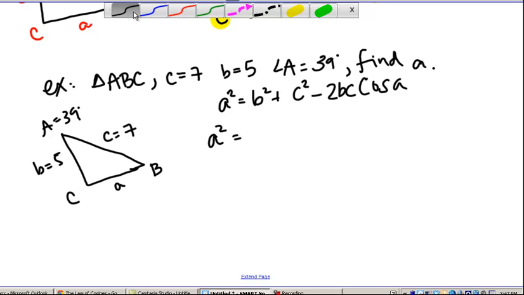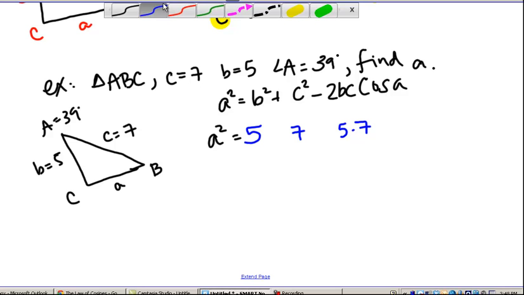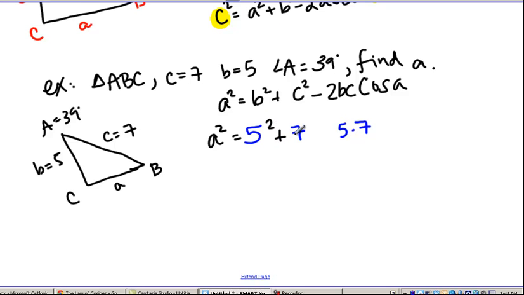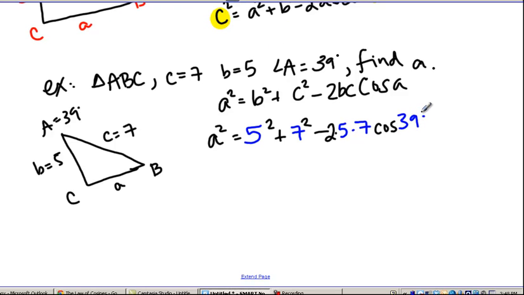We know b is 5, c is 7, so you have to square them, times cosine of 39 degrees. Go ahead and work through that problem for me. This is all Algebra 1, except for the cosine part. Make sure your mode is in degrees, because we're working with degrees right now.